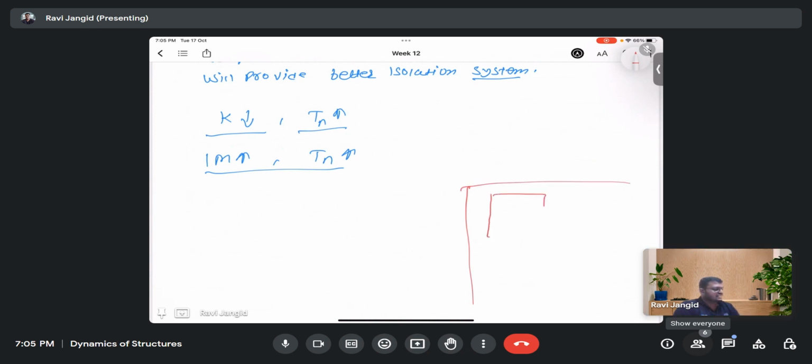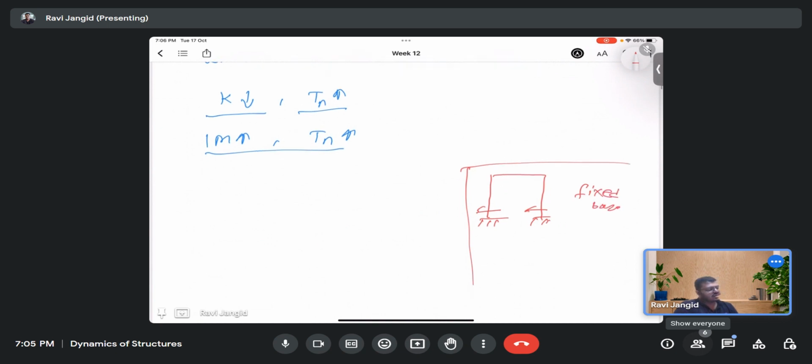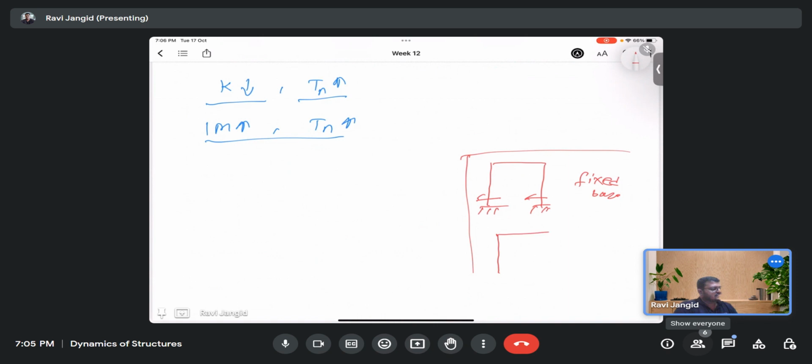This is my building, a single degree of freedom system. This is a fixed base, and I am interested in the base shear at the column. Now the second one: at the ground I provide the mat foundation for the isolator, and then I put the isolators here. So I have to design the columns, and I am interested in how much base shear comes into my columns using the base isolator.